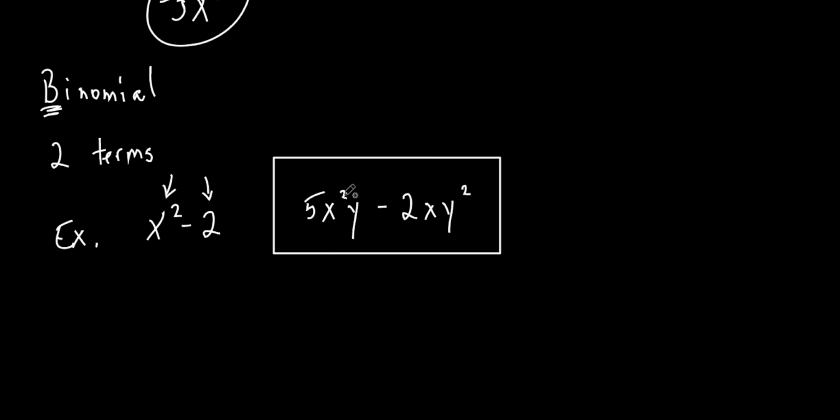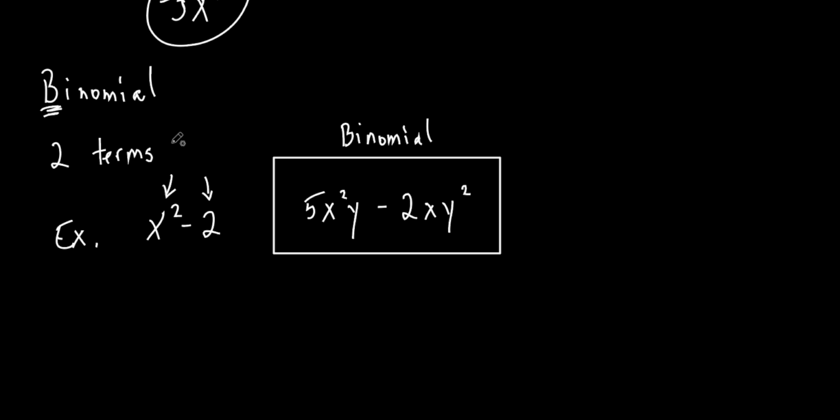This x is squared. Is this one? It's not. So just that alone makes these not like terms. I cannot subtract them from each other. There's nothing I can do with it. But it is called a what? A binomial. All right?